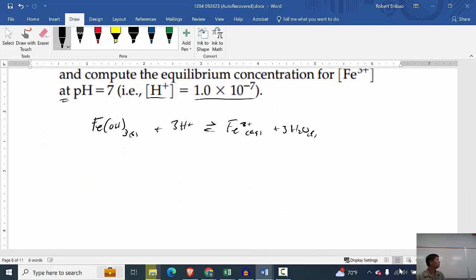Here, and so initial, pure solid, no. Pure liquid, no. So the only thing we're interested in is H plus and Fe3 plus. The change, there's going to be no change in the concentration. We're going to lose some or gain some, but in terms of the activity, there's no change. As long as we have some there, there's going to be no change in the activity.